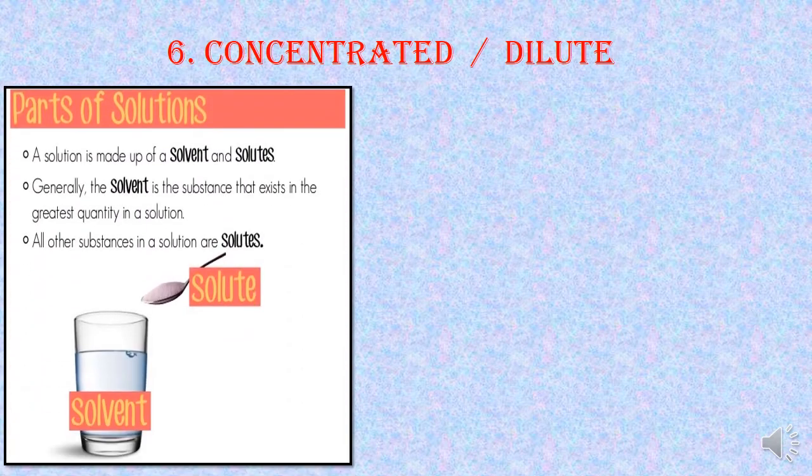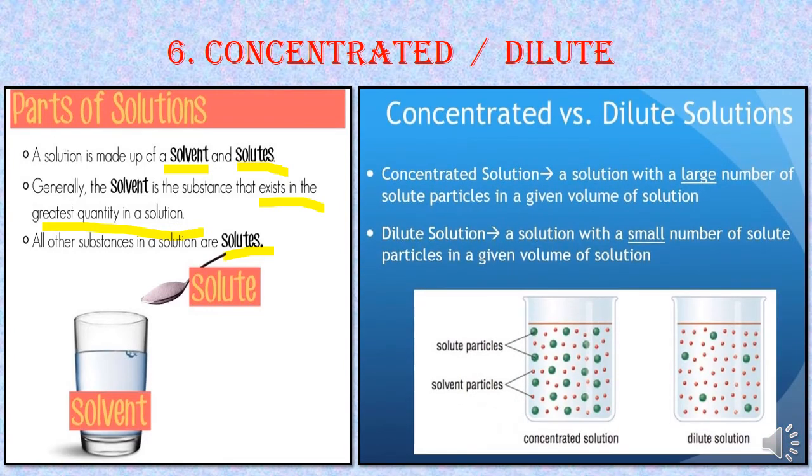Number 6. Concentrated or dilute solution. As we all know, in solutions, there are two parts. One is solvent and one is solute. The solvent is the substance that exists in greater quantity and the solute is present in lesser quantity, isn't it?